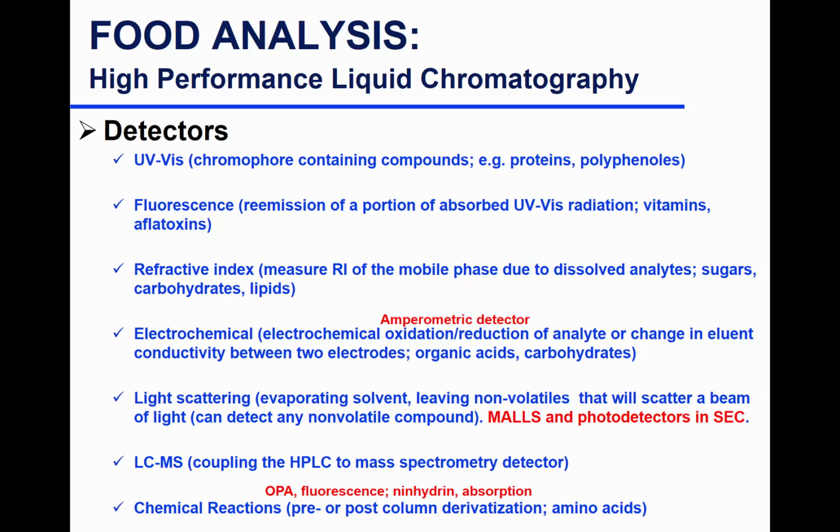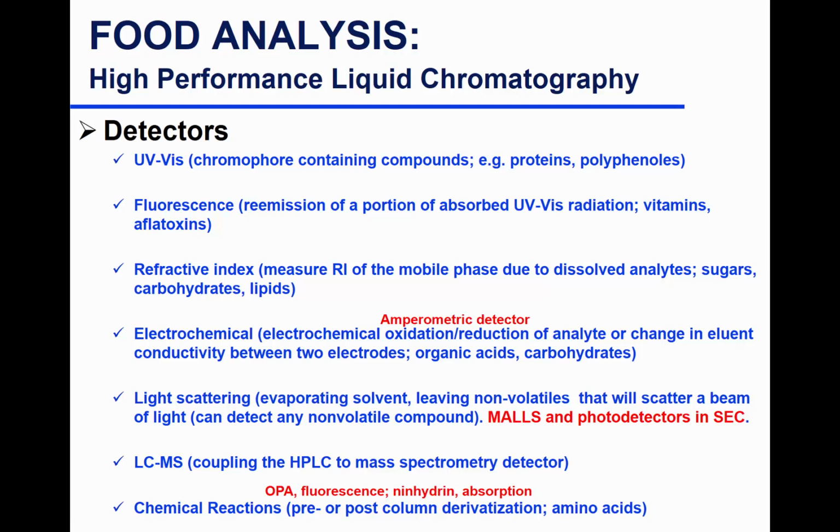Okay, the last one here is where you carry out a chemical reaction to induce a certain property for a product, or generate a product, in order for it to be detected. The most common is detection of amino acids.